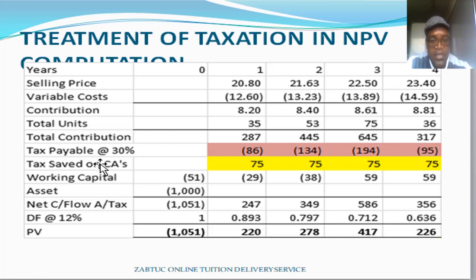And also we have tax saved on the capital allowances, which will come in as a cash inflow. As you can see, these figures are positive. So the approach that we're going to use is the approach where we'll have two lines. One, a cash outflow representing tax payment on these figures. And secondly, a cash inflow representing tax saved on the capital allowances. And we'll see this as we proceed with our questions.